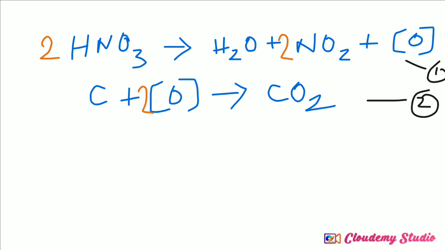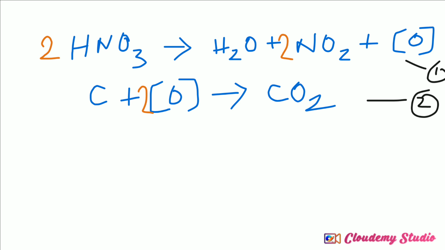At the second equation, we have got 2 moles of nascent oxygen. These 2 moles of nascent oxygen were obtained from the first step.